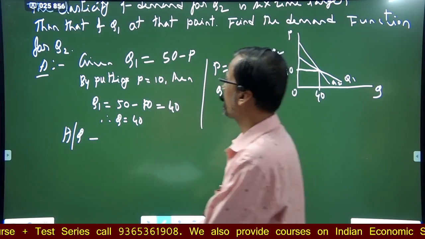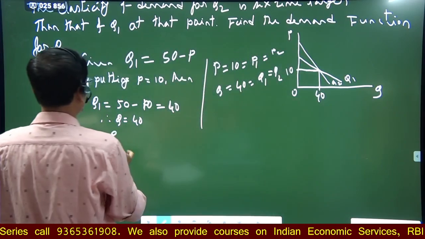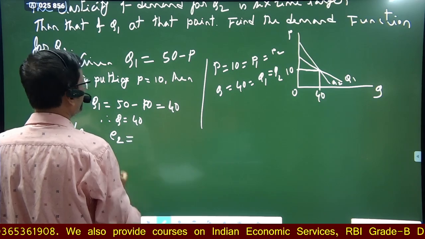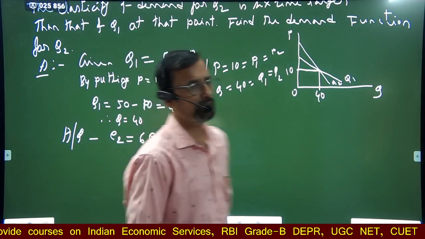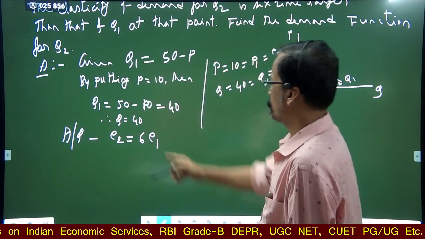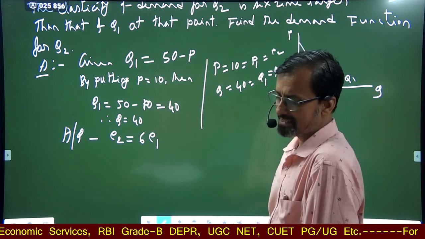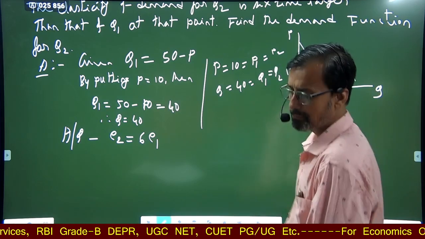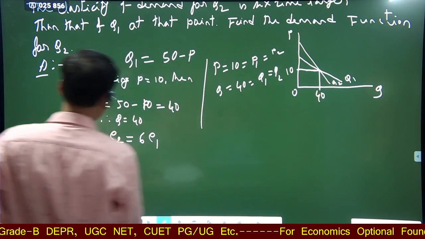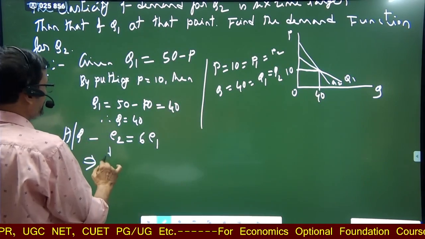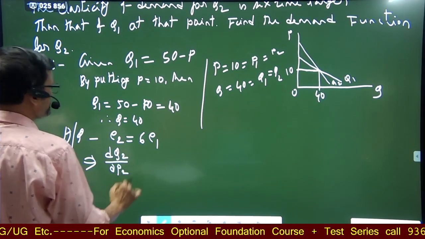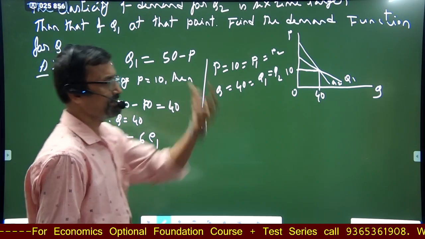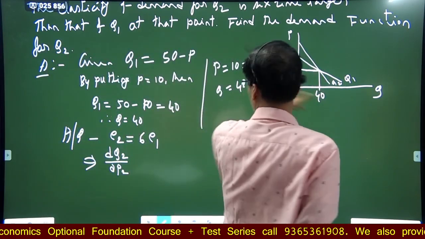That the elasticity for the second demand function is 6 times that of the first demand function, that is E2 equals 6 E1. Now we can write E2 as dQ2 by dP2, the slope of the second demand curve.